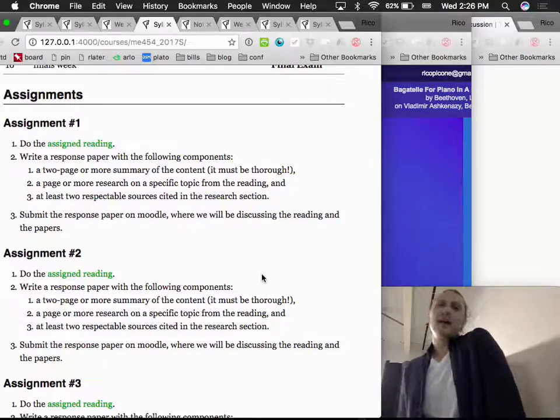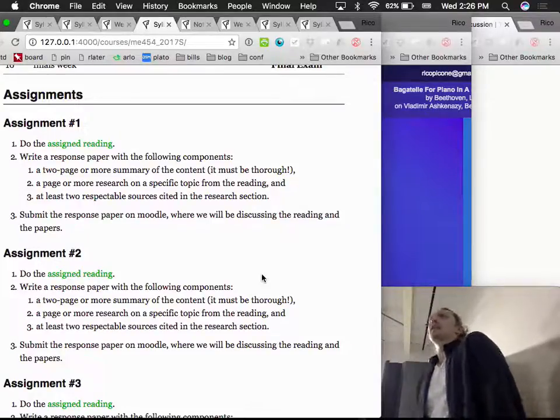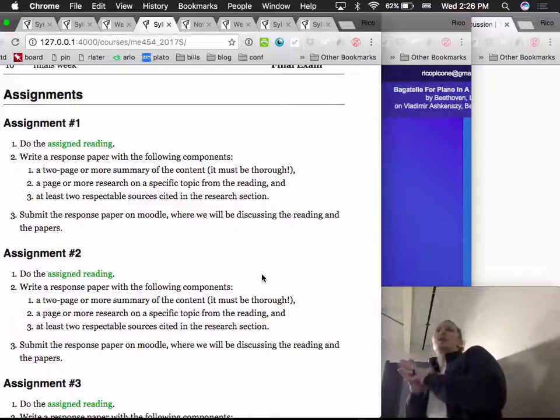And then a page or more of research on a specific topic from the reading, or if I send you a paper, you substitute the paper for that. So how this is going to work is you're going to read the stuff and say it talks about some sort of manipulator arm, and maybe about a 6 degree of freedom machine, and you're like, well, I want to learn more about those.